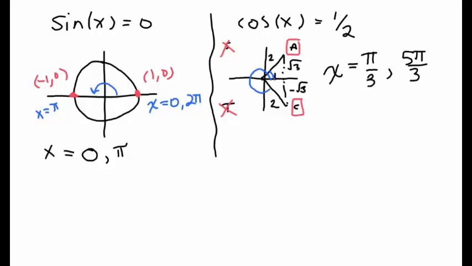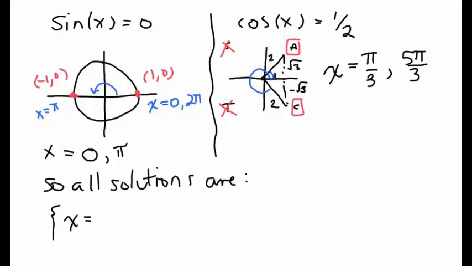Now that we have our 4 solutions on 0 to 2 pi, let's go ahead and find all of our solutions. First, let's work with 0. Since sine of x is 2 pi periodic, we're going to get the solution at 0 plus 2n pi, or just 2n pi. Next, again, since sine is 2 pi periodic, we're going to get the solution pi plus 2n pi.